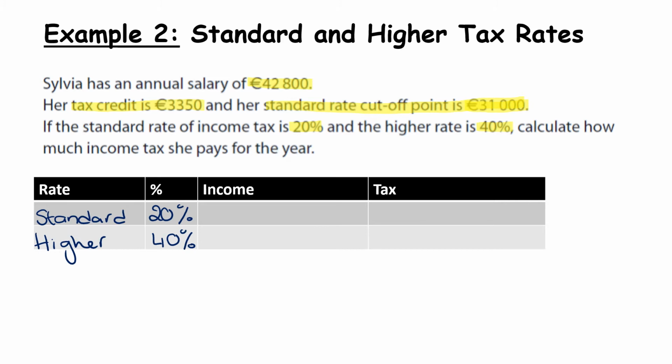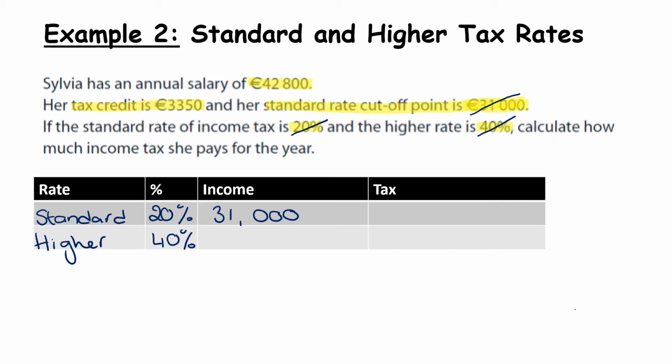And in this question, that's 31,000. This is the level where up to that, you're allowed to just pay the standard rate, which is the lower rate. So on the first 31,000, she pays 20%. Okay, so that is the standard rate cutoff point. So I'm ticking these off as I go.